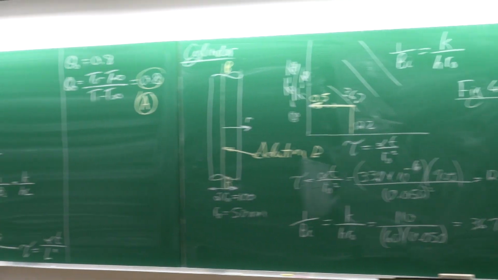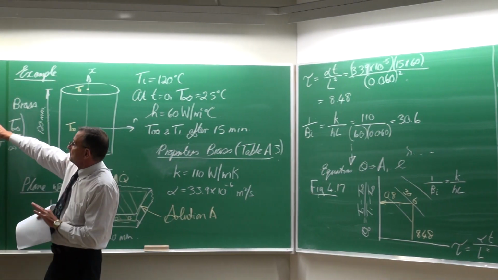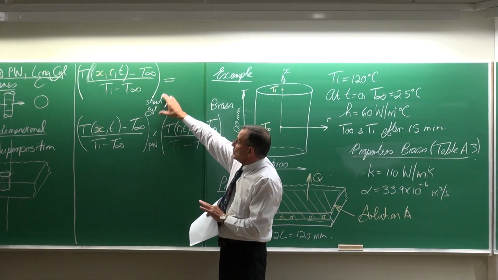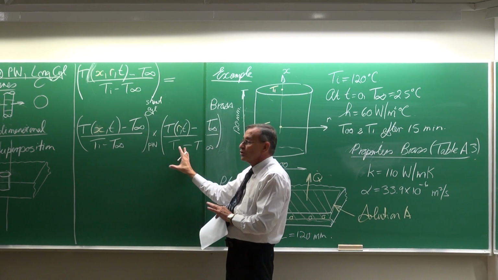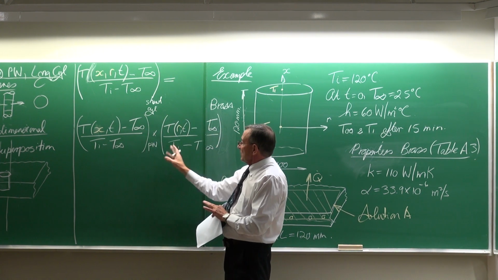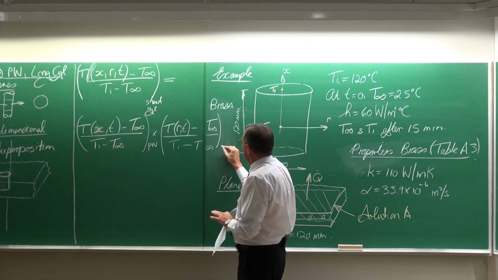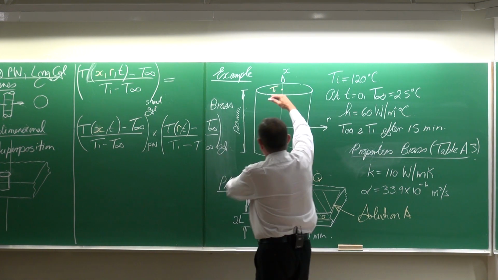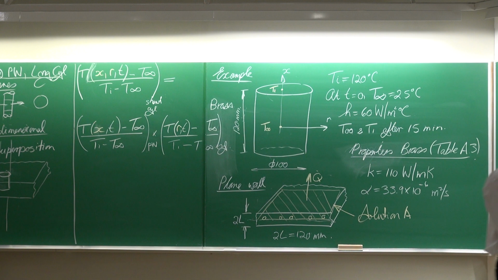Now, let's see if we can make use of the principle of superposition for a short cylinder to generate a solution for the product of the plane wall and the cylinder to get the results for a short cylinder.